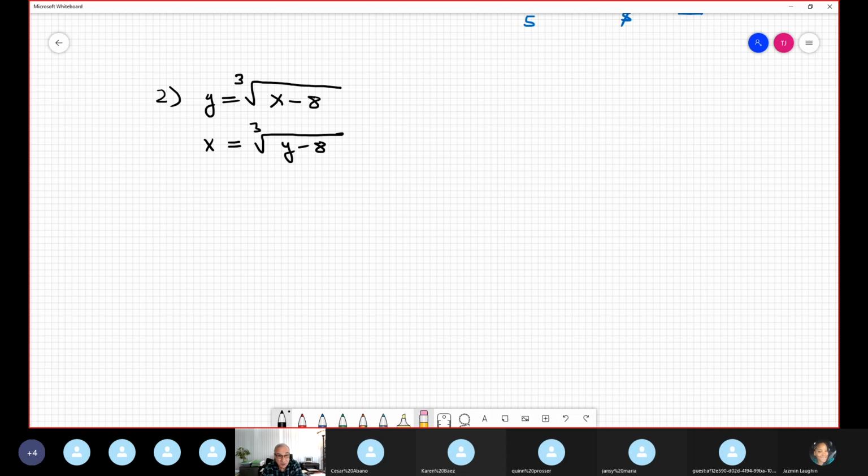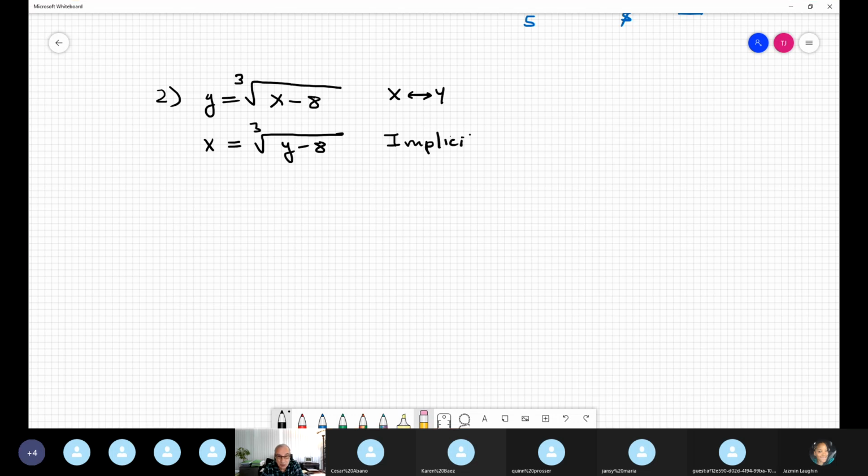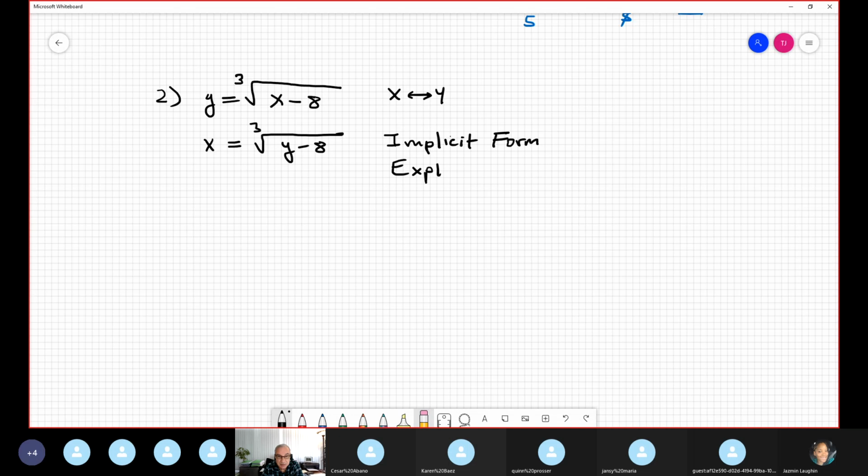And when you do this action, interchange x and y, actually the new expression is the inverse, but it's expressed in implicit form. Implicit is not clear. I need explicit. Explicit is when you isolate the y.